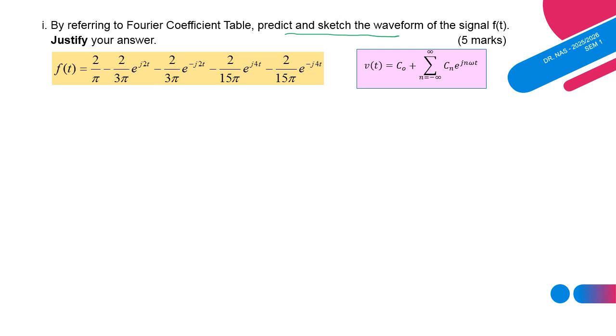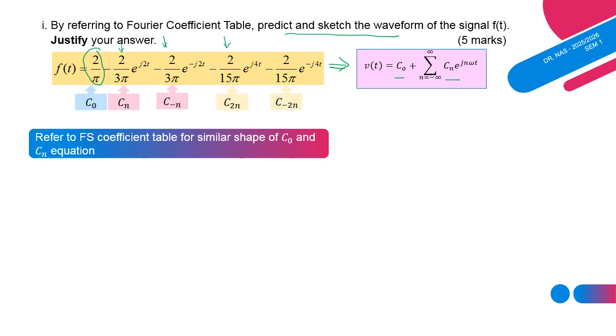And don't forget to compare the given equation with the general equation of complex exponential form. So you have the C0 plus the Cn, the coefficients. Obviously from the given equation, the first one is the C0 followed by Cn e^(jn omega t). So this is your Cn and C minus n, followed by C2n and C minus 2n.